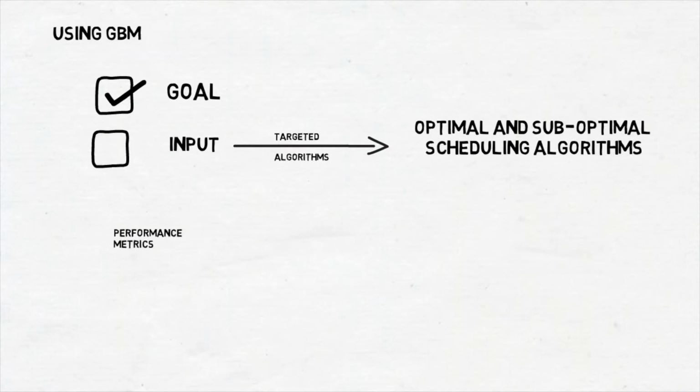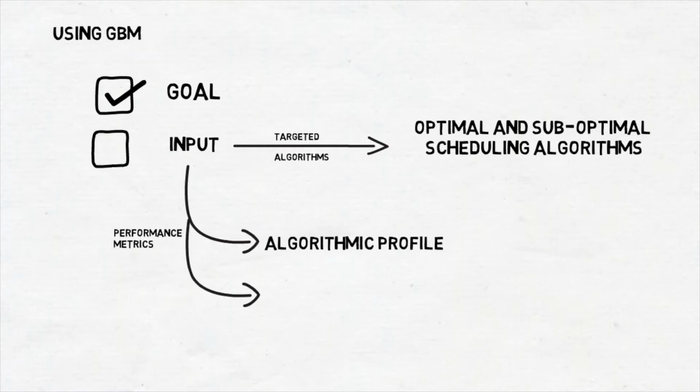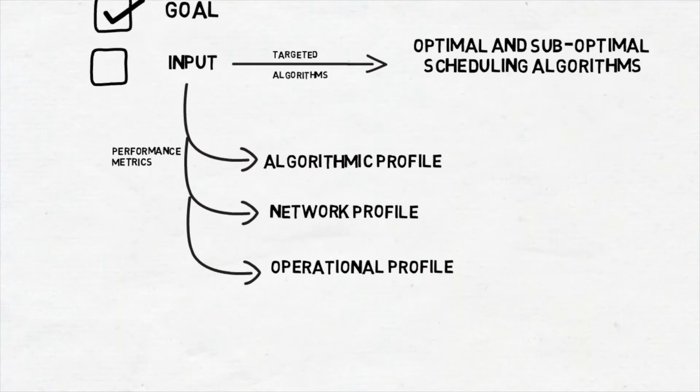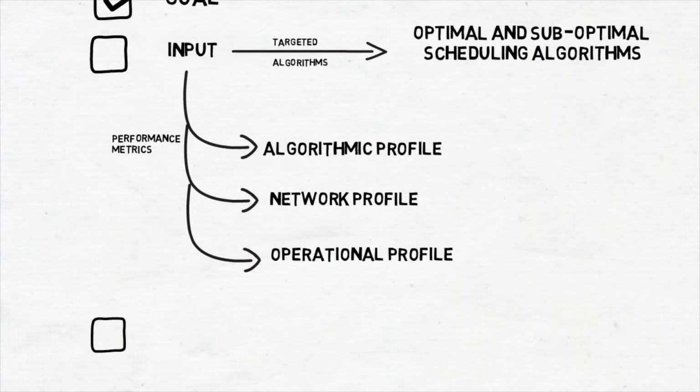The simple performance metrics are classified into algorithmic profile that includes the complexity of the algorithms, network profile that captures the network density and communication interference, and operational profile including throughput, fairness, and base station and mobile station communication interference power. The activity is then identified, here including simulations and validations under MATLAB. In the output element, key indicators are presented.